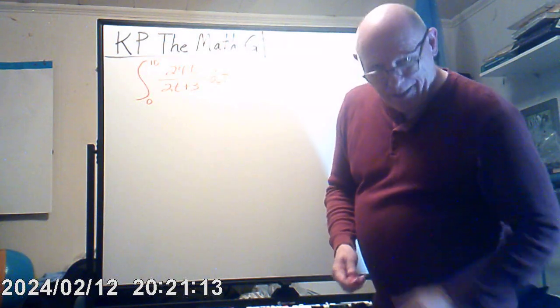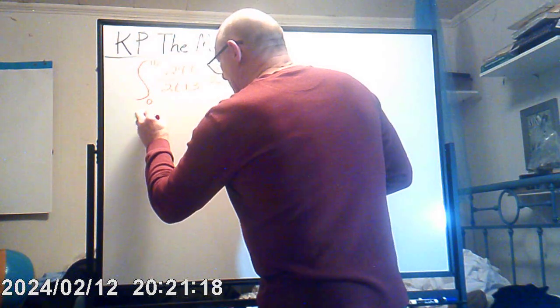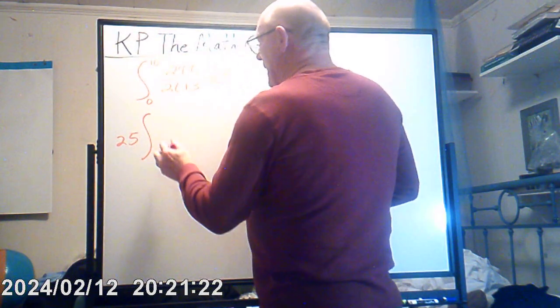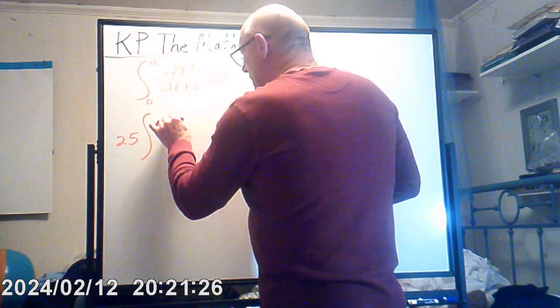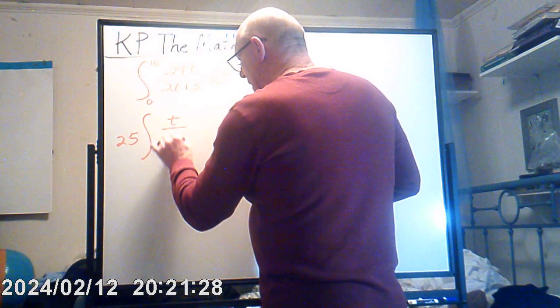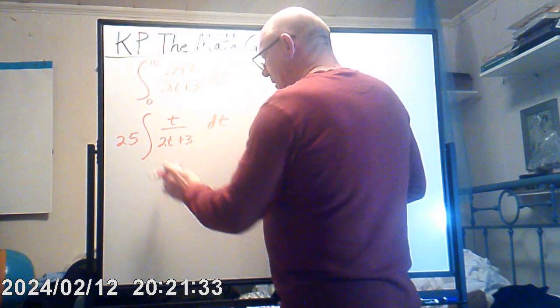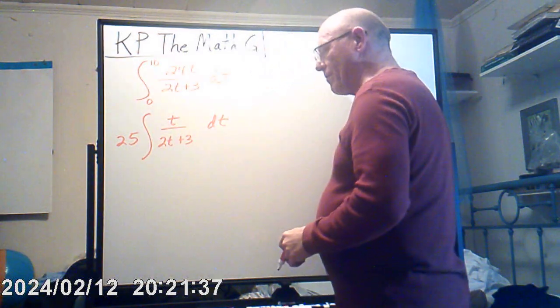A little bit of cleaning up, you know what I'm saying? So I'm going to put the 24 right out here. Alright, and that's going to leave us with t over 2t plus 3 dt. And for right now, I want to leave that empty. I'm going to show you why in just a moment.